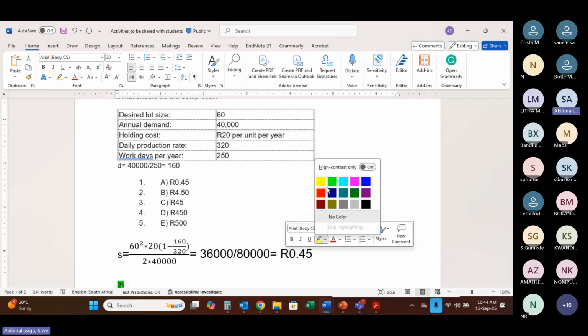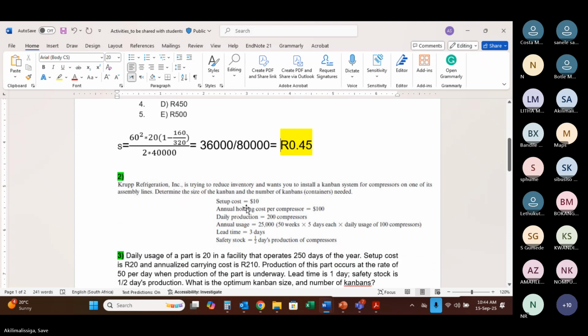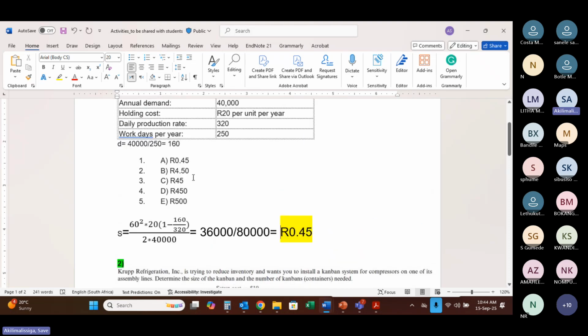Looking at the options provided here, if you have to choose the correct option, obviously this is the correct answer. If the option is not provided, this is your answer. For example, in our test, if you need to fill in the blank, you just need to write 0.45. Obviously, you exclude the unit.